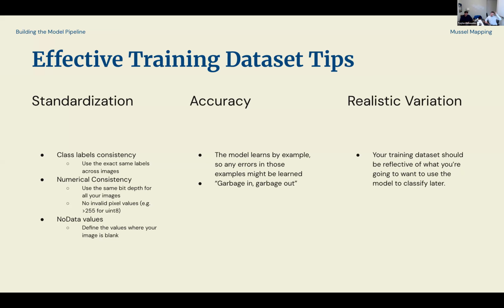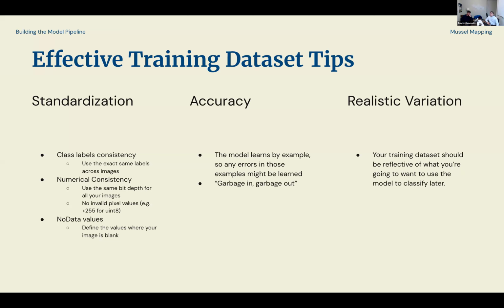So to effectively create a data set for training, it needs a few things. The first one is standardization, which we've talked about quite a bit, but making sure that all those label images are consistent. There are no weird extra values. Making sure that your images are similar. They all have the same range of pixel values.